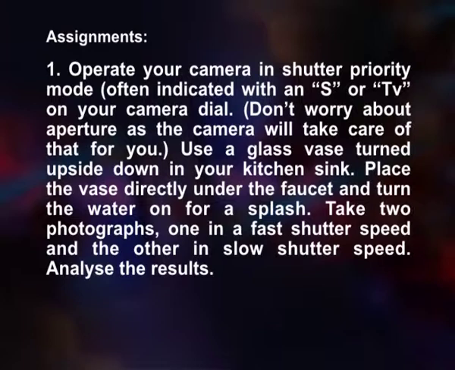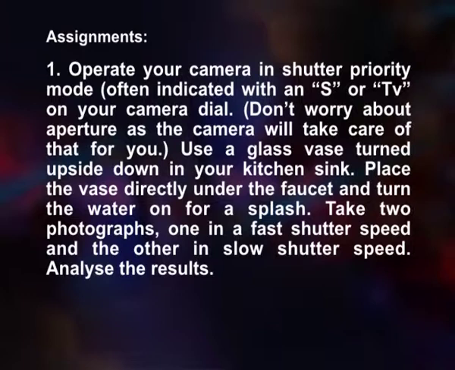Use a glass vase turned upside down in your kitchen sink. Place the vase directly under the faucet and turn the water on for a splash. Take two photographs, one in a fast shutter speed and the other in a slow shutter speed.